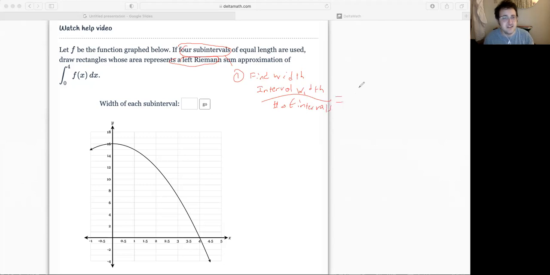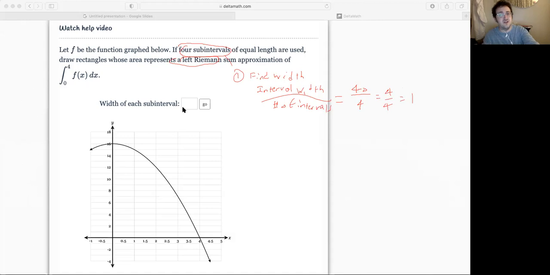In this case, I'm going from 4 to 0. That will always be given on your integral. That's your interval width, and there are 4 subintervals. So that's 4 over 4, which is equal to 1. Now, if I had 8 subintervals, then our width would go down to 1/2.